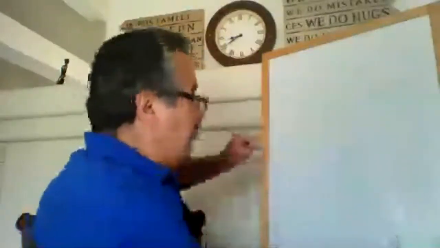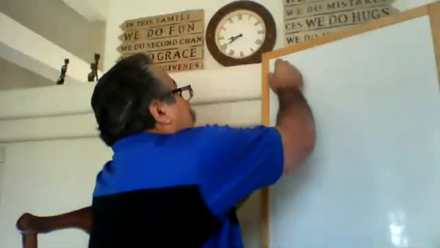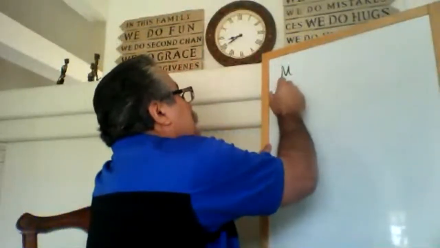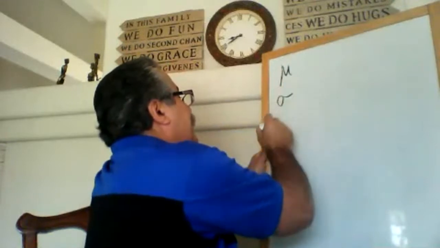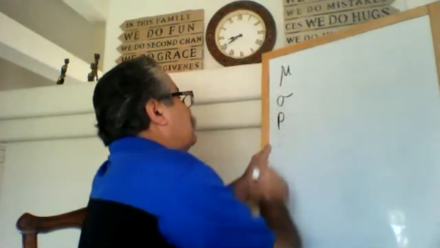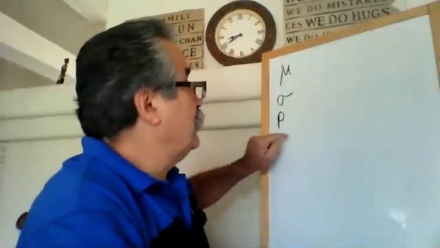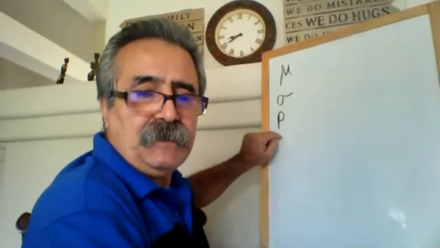So these are the population parameters. You have to find the mu, you have to find the sigma, and you have to find the population proportion.